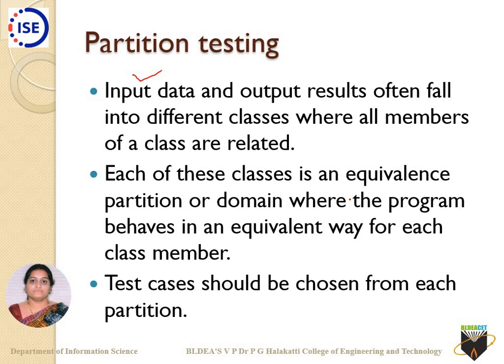One is less than or at the boundary value 10, one more is between 10 and 20, and one more is the boundary value 20. This is how the partitions are made. Test cases should be chosen from each of these partitions. If it works for one of the test cases amongst that particular partition, it will be working for all. That is how partition testing works.